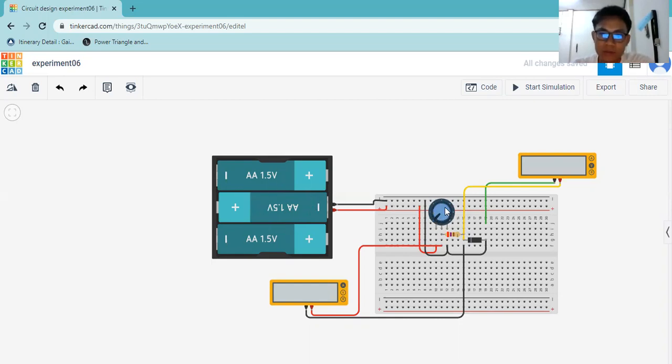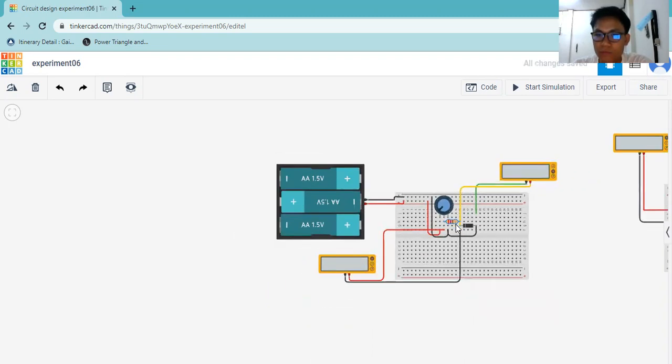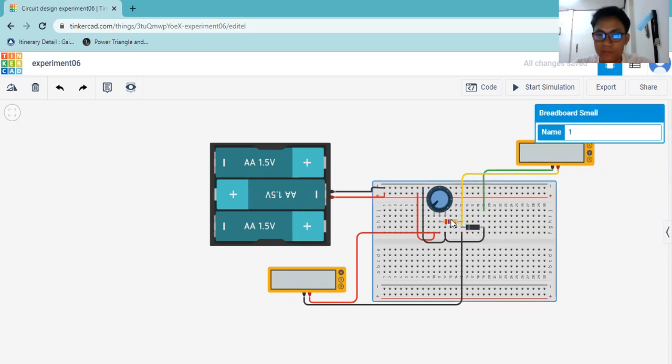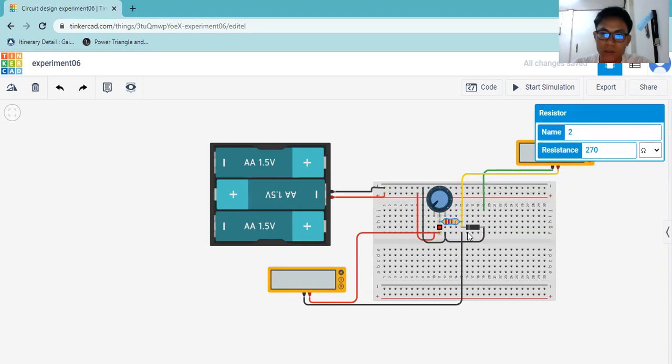And we have a potentiometer, which is connected to a resistor and a diode. The resistor and the diode are connected in series, and the resistor has the value of 270 ohms, and this diode is now a reverse diode.